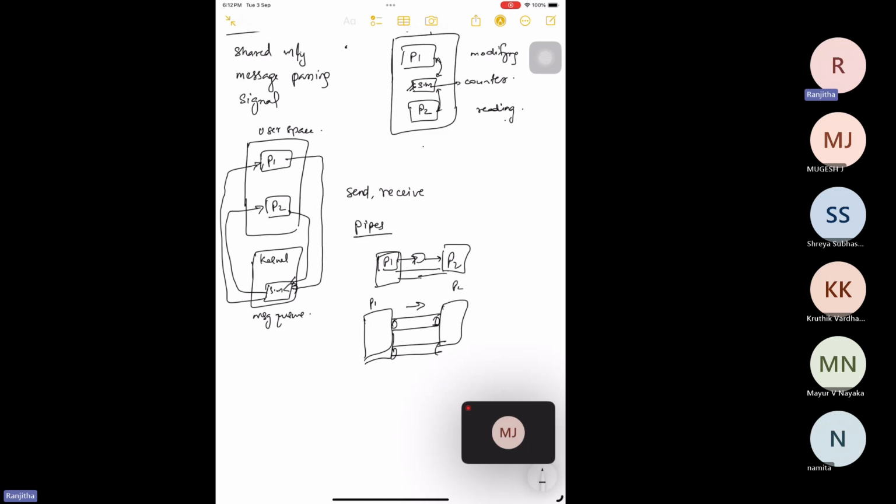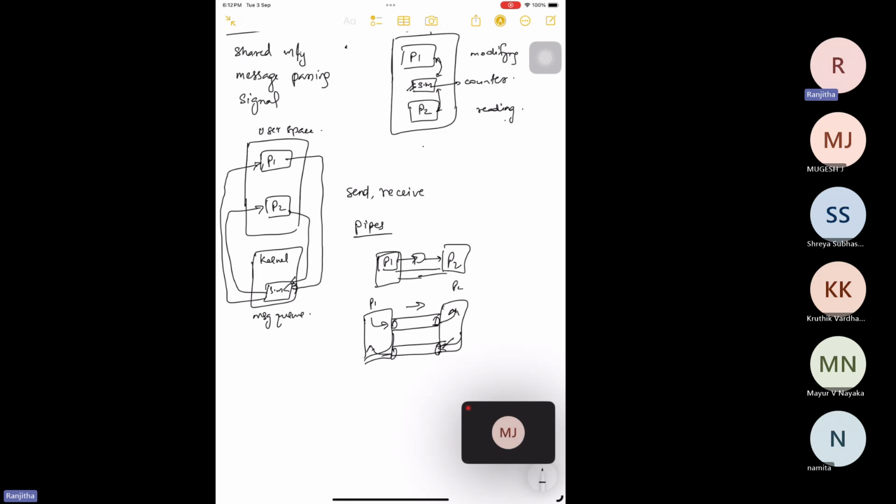Whatever P2 puts here, P1 will read from here, and whatever P1 wants to put, P1 will put here, and P2 will read from here. So this is another way of communication between parent and child process.